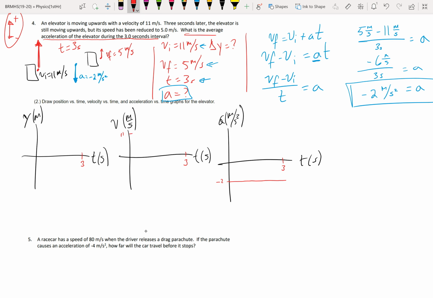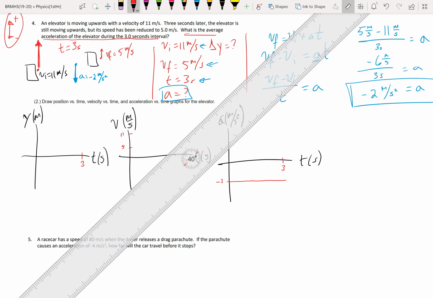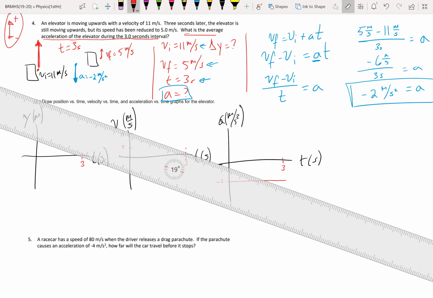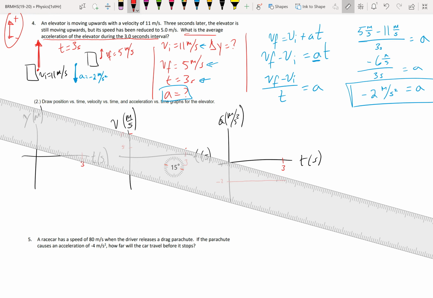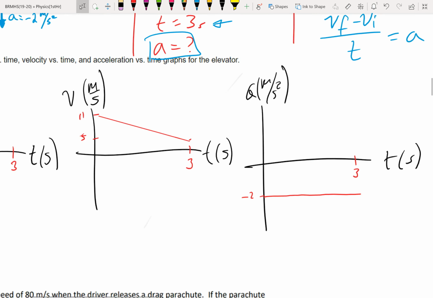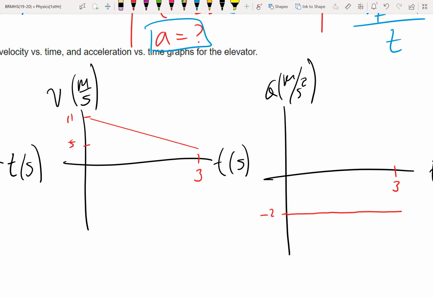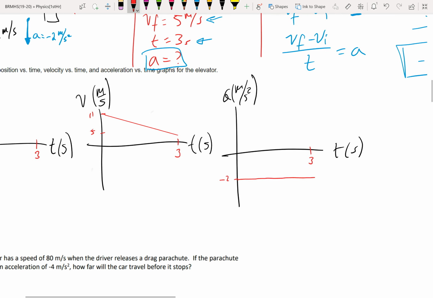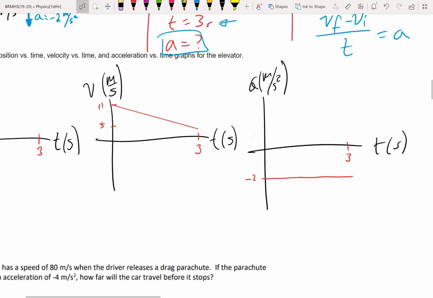So there's 11, there's 5, and all the way at 3 seconds is where I said I'm going to draw that. Like that. Okay, and this guy should be right up there. So there's 11 meters per second down to 5 meters per second.